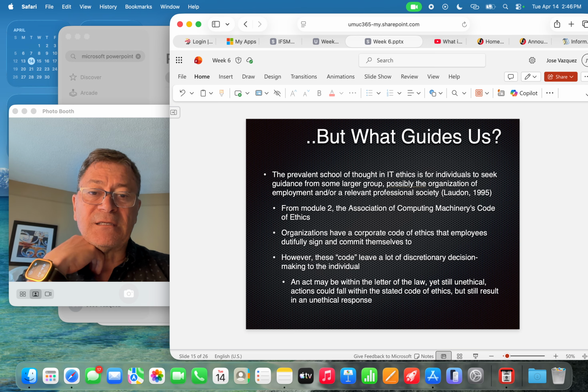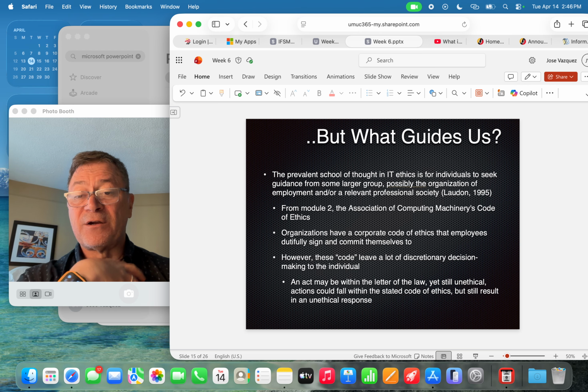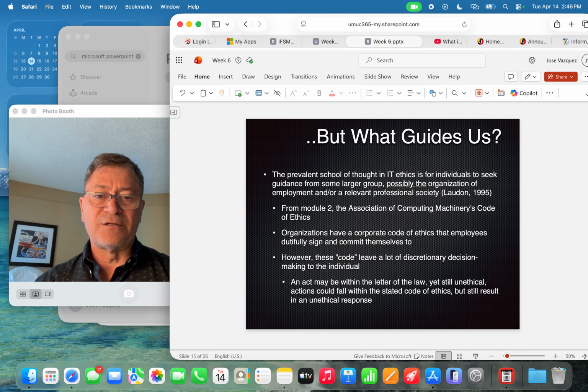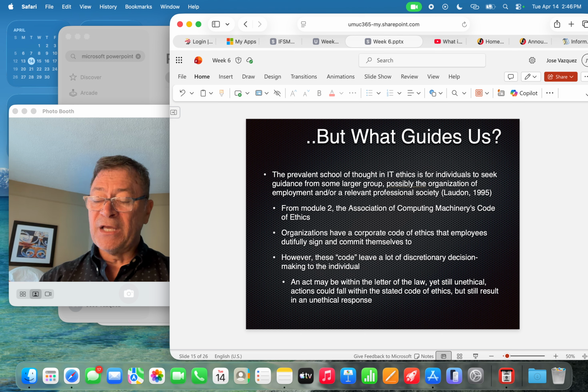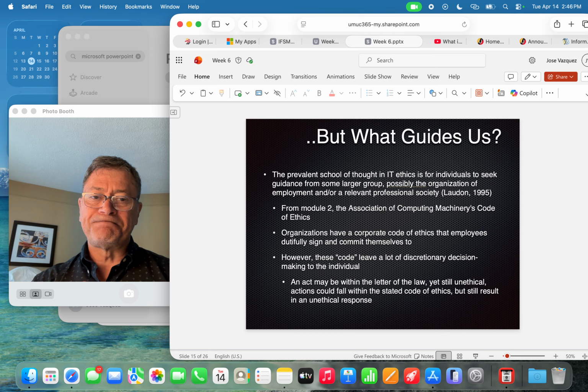What guides us? There are a lot of things that we can base our ethics on. The course gave you the theories of ethical standards. I recommend that everybody in here, whether you're in HR, in IT, or in cybersecurity, associate yourself with one of those associations that are available to you.